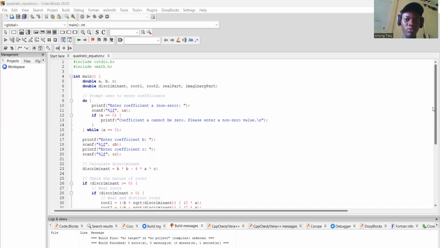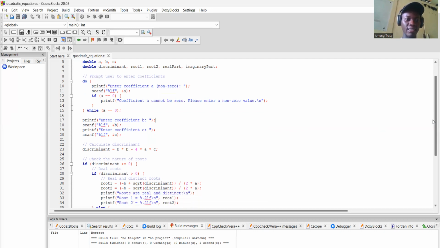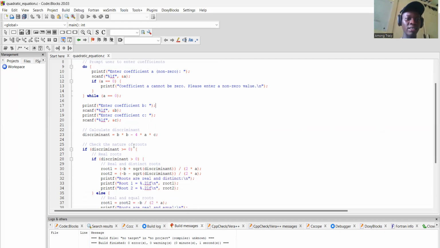We'll be going to the discriminant. Since we already declared the variable discriminant, now we have to assign a value to that variable, which is the discriminant formula, according to the quadratic formula.